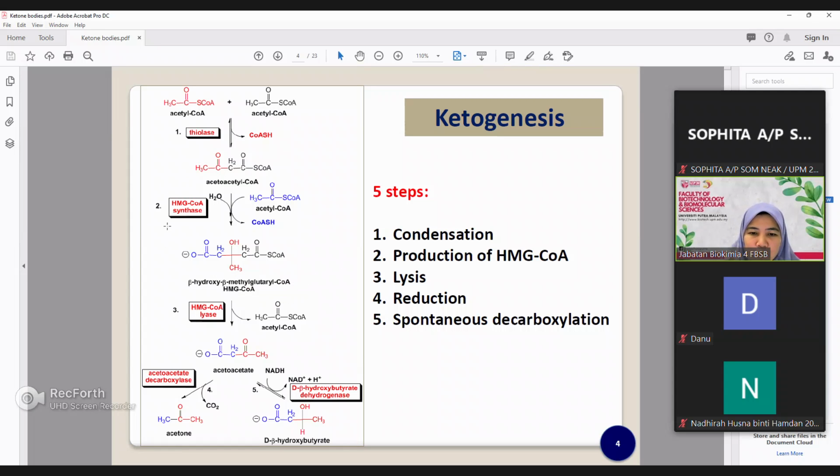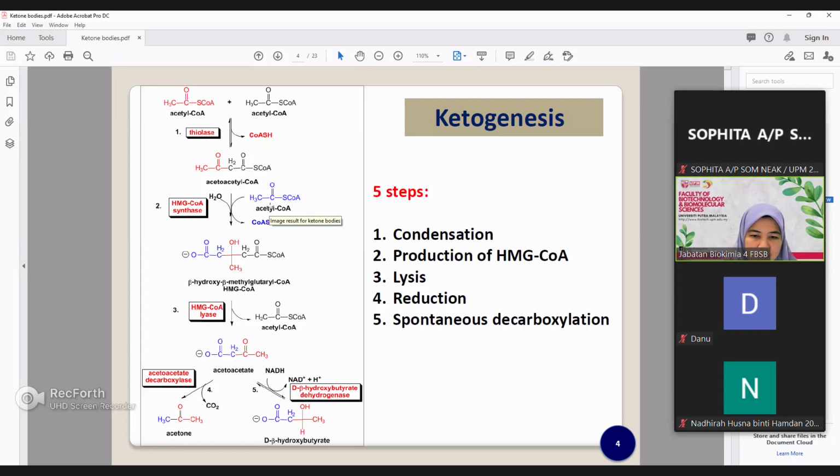This step resembles the reverse of the thiolase reaction of fatty acid oxidation.